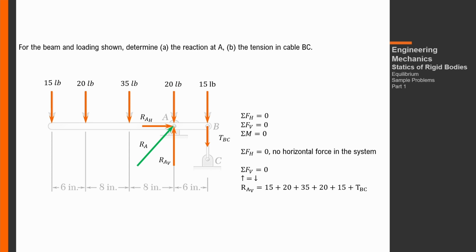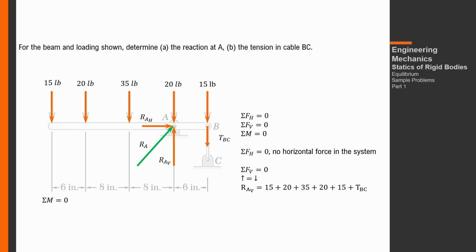So yung upward force, in-assume natin na yung vertical component ng reaction sa A. So pag ang naging sagot mo ay naging negative, ibig sabihin lang, nagkamali ka ng assumptions dun sa direction nung inassume mo na force. So, vertical component ng reaction sa A, so yun yung upward, equal sa 15 plus 20, 35, 20, and 15, plus yung tension sa cable BC. So, hindi pa natin makuha dahil parehas na unknown yung vertical component sa reaction sa A tsaka yung tension sa cable BC. So, check natin dun sa moment.